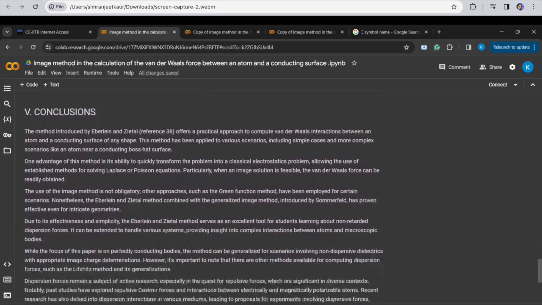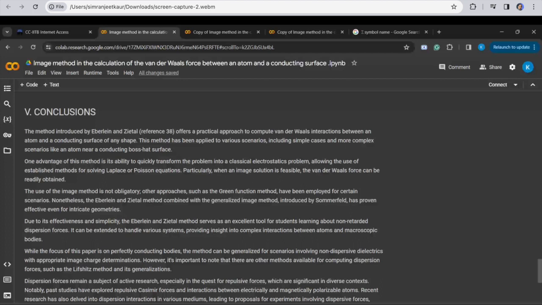So the conclusion is that the method given by Eberlein and Zietal offers a practical approach to compute van der Waals interaction between an atom and a conducting surface of any shape. This method has been applied to various scenarios, including simple scenarios and more complex scenarios like an atom near a conducting Bose head surface.